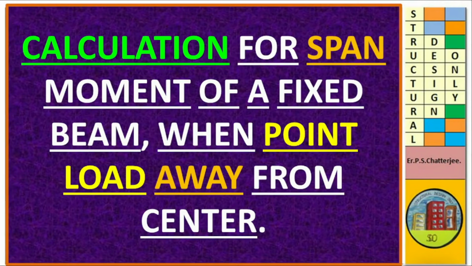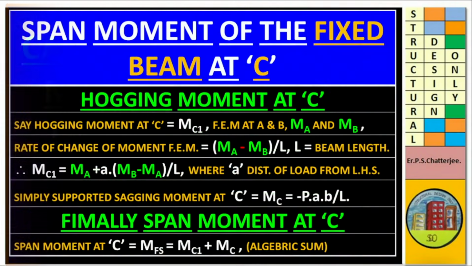Calculation of span moment of a fixed beam when the point load is away from center. Span moment of the fixed beam at C. Say hogging moment at C is MC1. The moments at A and B are MA and MB, and the rate of change of the fixed end moment is (MB - MA)/L, where L is the beam length.